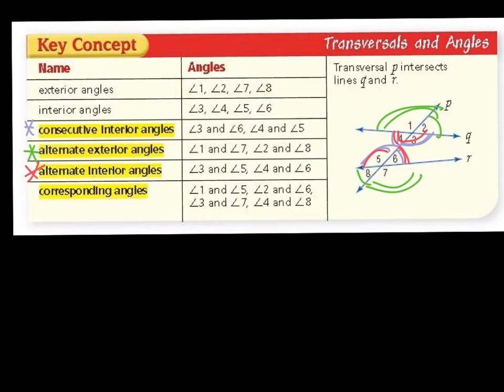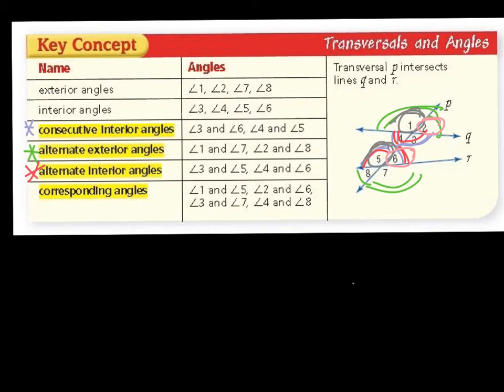Corresponding angles. Corresponding means they line up. So in this set of angles, angle 1 is in the upper left-hand corner, so that corresponds to angle 5, which is in the upper left-hand corner. Angle 2 is in the upper right-hand corner, angle 6 is in the upper right-hand corner. 2 and 6 correspond.